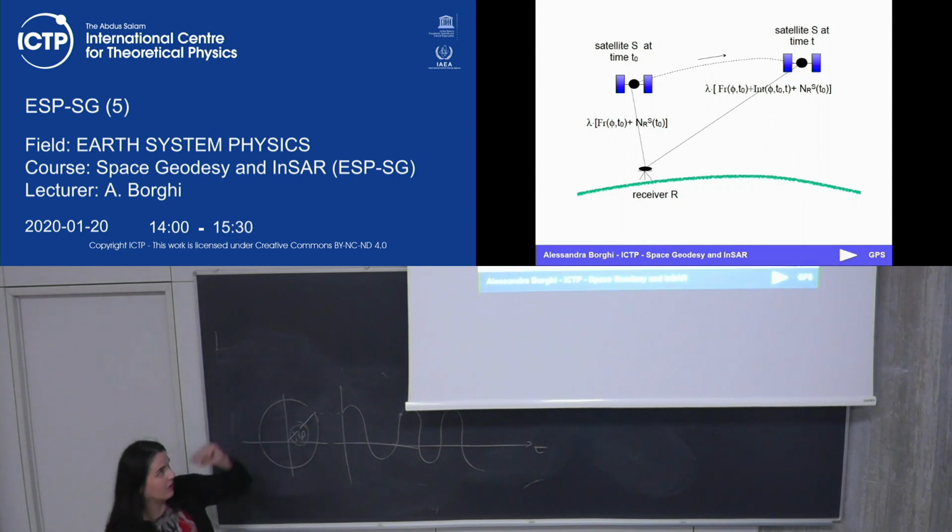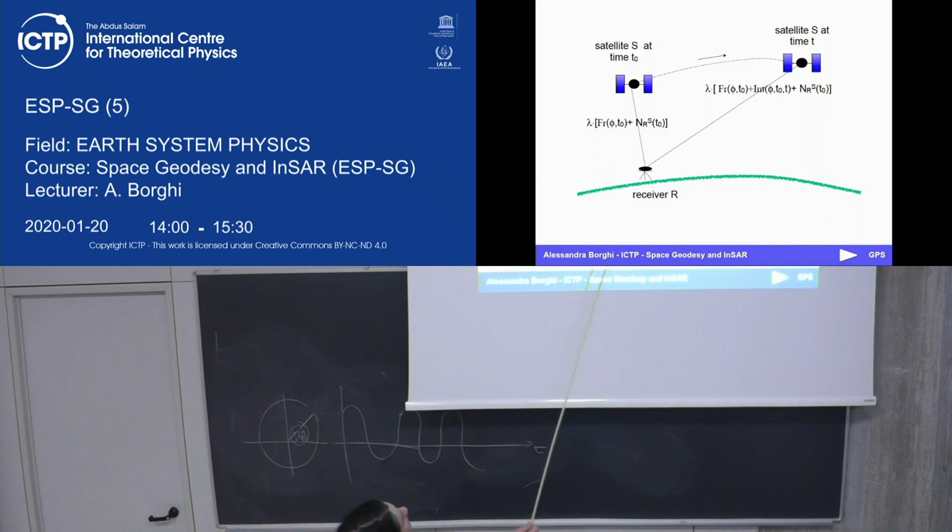We receive the signal from the satellite. We know this initial value of the phase, and after we can start to count the integer number of cycles. So at a given time, we have just a fractional part of the phase.